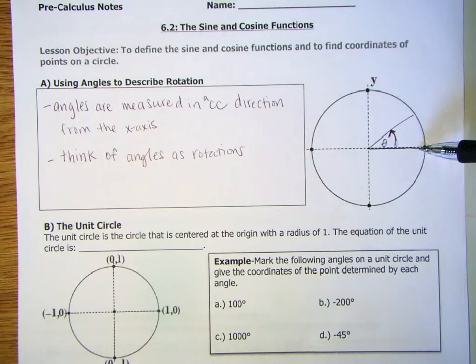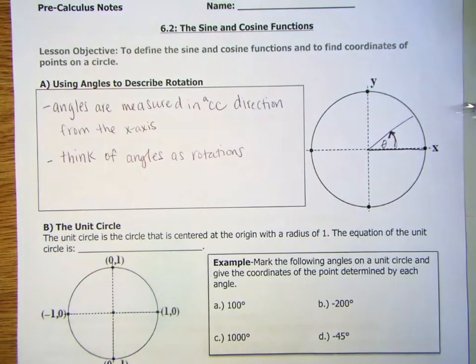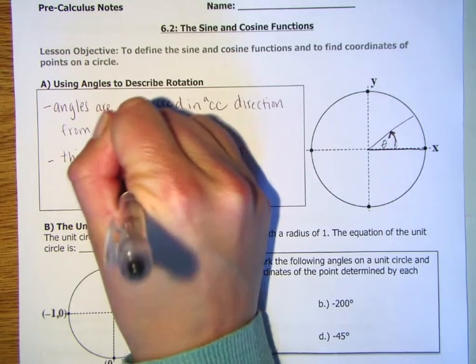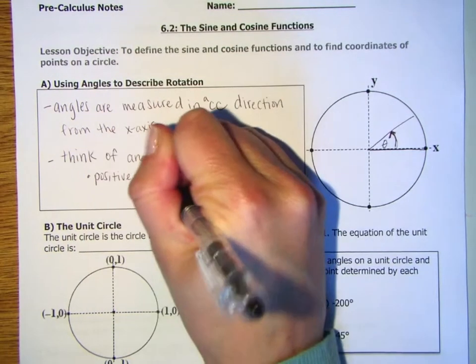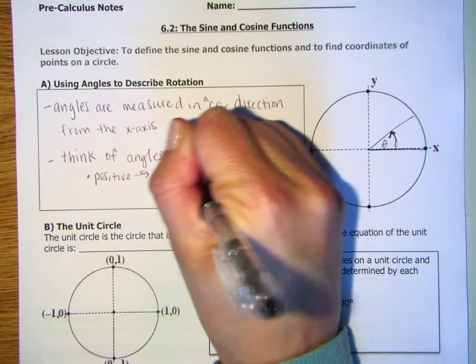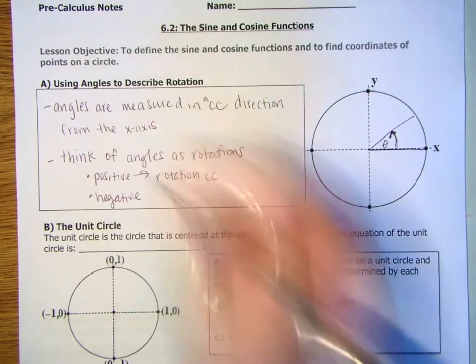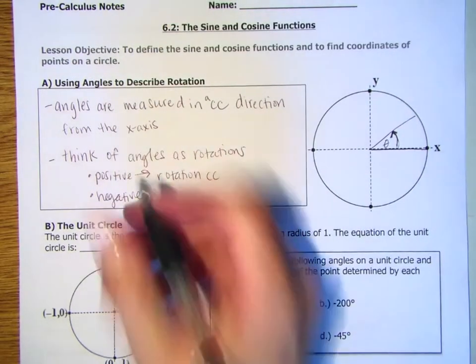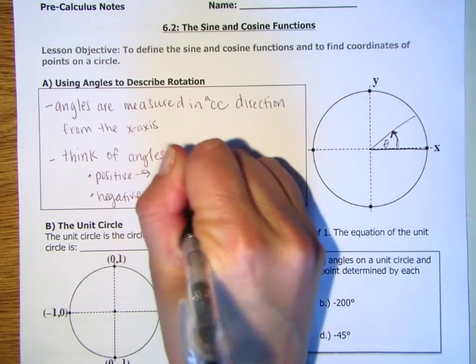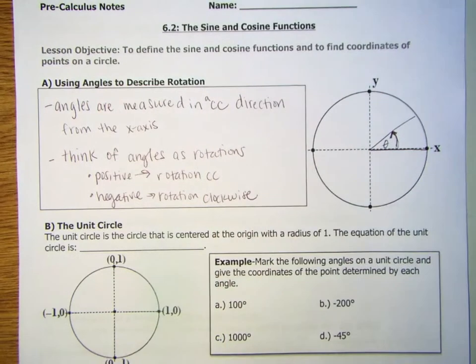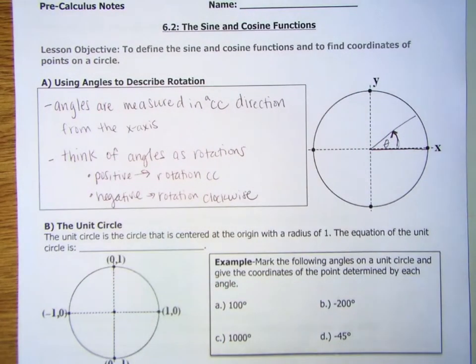So we're taking the x-axis and rotating it. That's what creates the angle. Any positive angle measure is a rotation that has gone counterclockwise. If you are given a negative angle measure, that is a rotation going clockwise. So it's a difference in the direction of rotation.